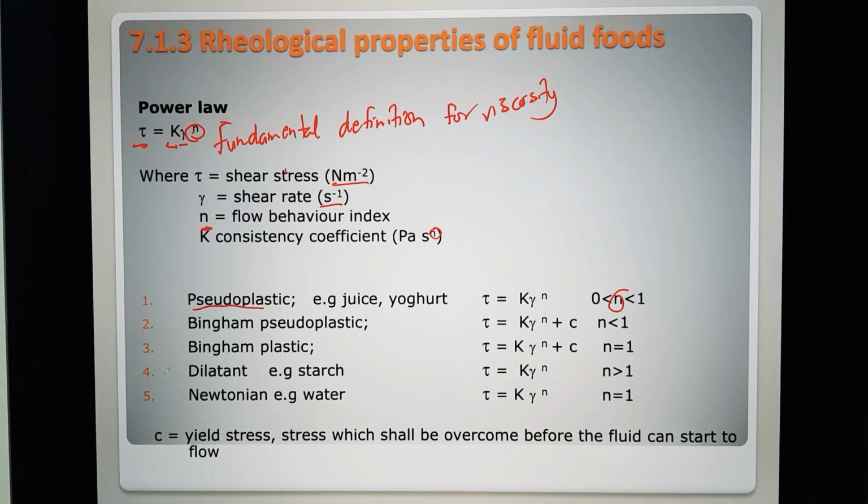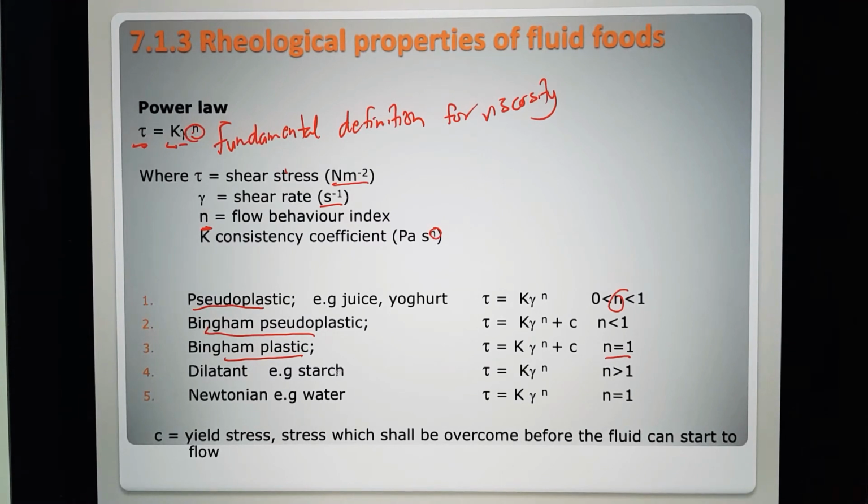The second type is Bingham pseudoplastic, where the value for n is less than 1. The third is Bingham plastic, where the value of n is equivalent to 1. An example of Bingham plastic is tomato ketchup.